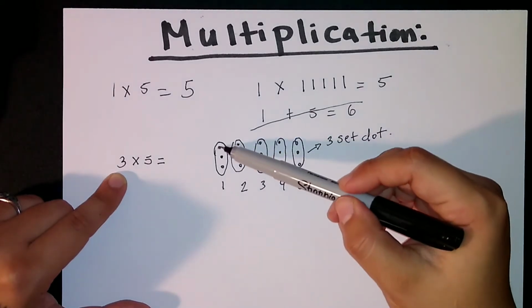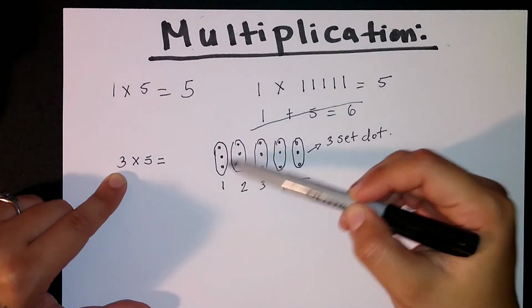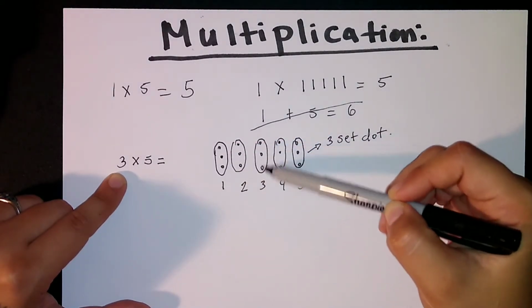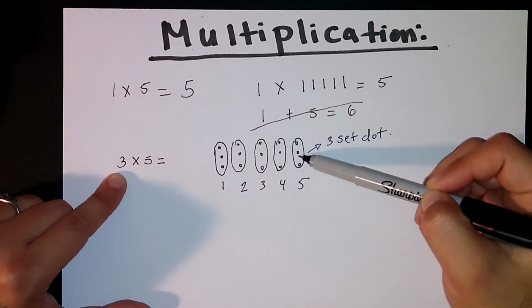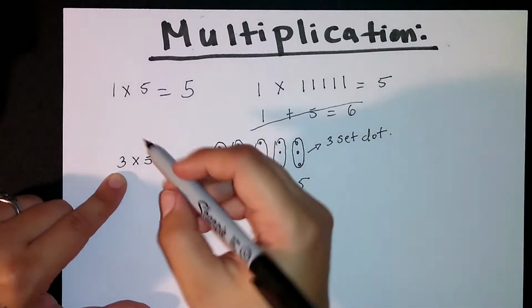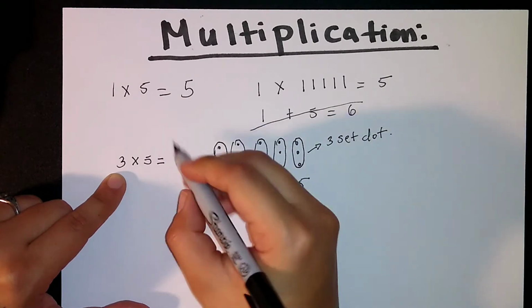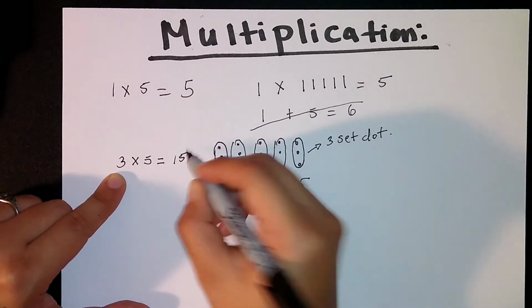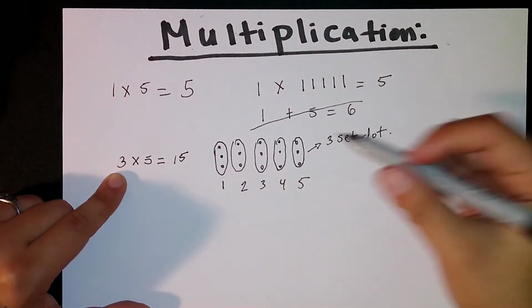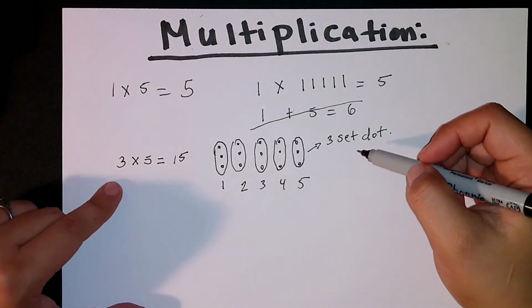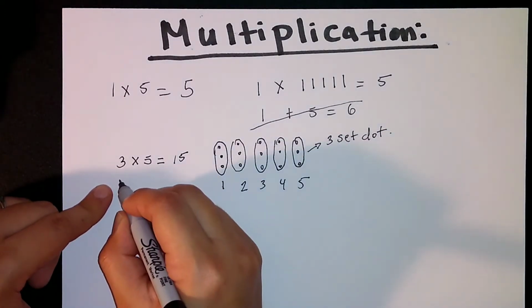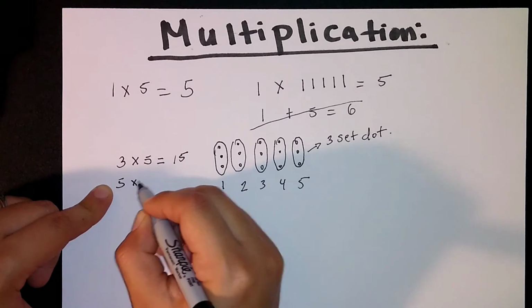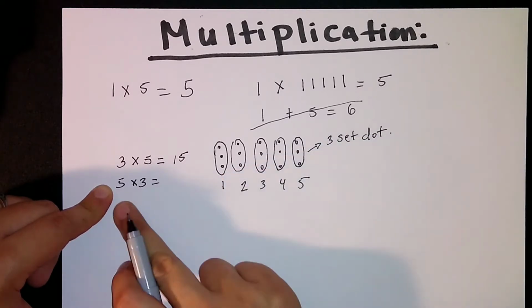If we individually count it, it'll be 1, 2, 3, 4, 5, 6, 7, 8, 9, 10, 11, 12, 13, 14, 15. So 3 times 5 is 15. This is one way.